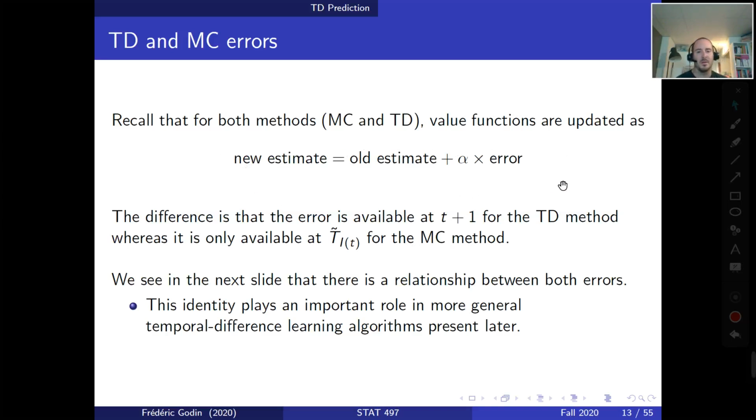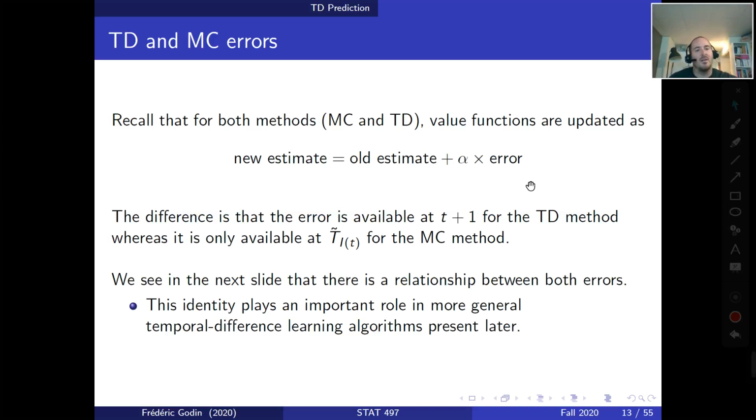But both have a similar type of structure to update the estimated value of states, something like this formula. And we're going to see in subsequent chapters that we're still going to use similar update rules. So many reinforcement learning algorithms can be understood as update rules of this form for the value of states. What's going to change between the various algorithms is how we define the error.